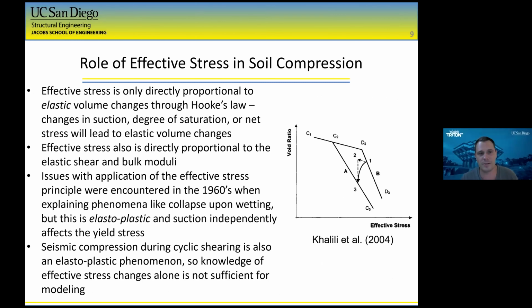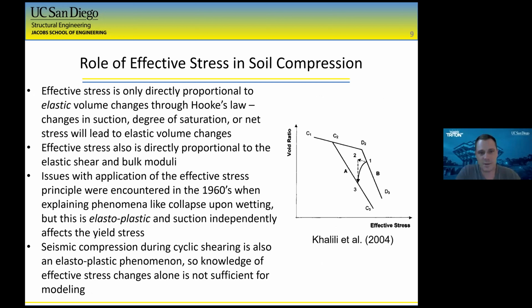It's very complicated when you're trying to think about effective stress and soil compression, because usually you think that we define effective stress so that everything is related on a one-to-one basis. So if you have an increase in effective stress, we do expect to have a proportional increase in the elastic volume change through Hooke's law, which means that any changes in suction, degree of saturation or net stress are going to lead to elastic volume changes.